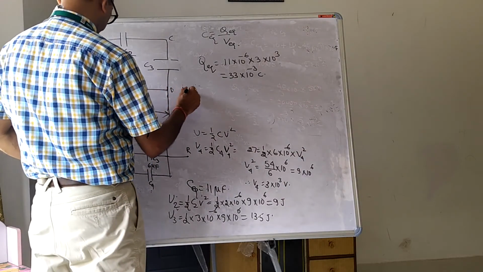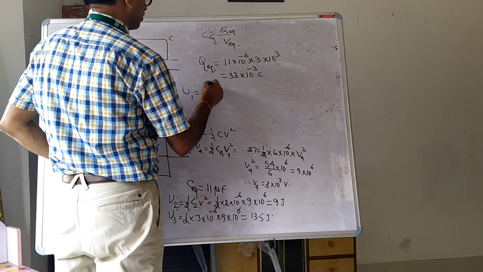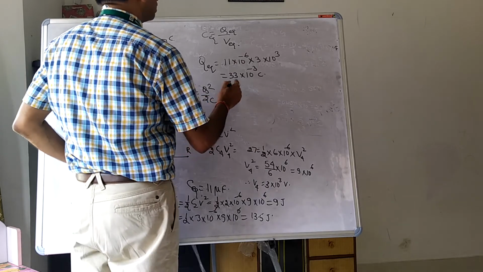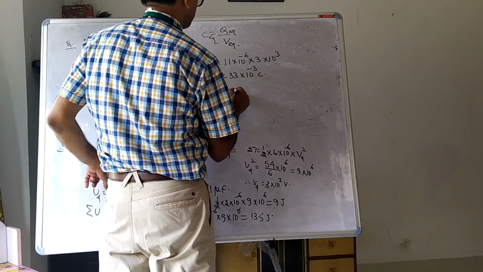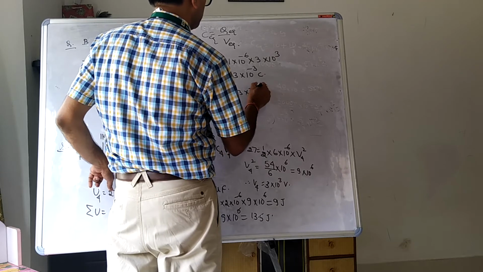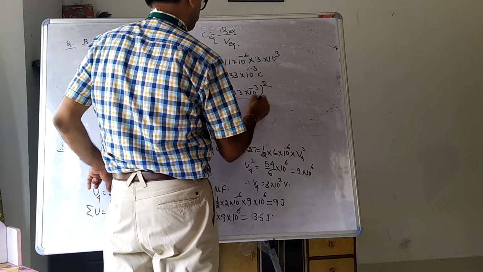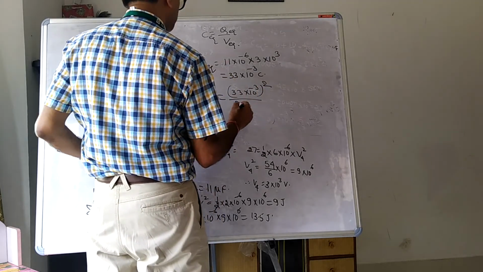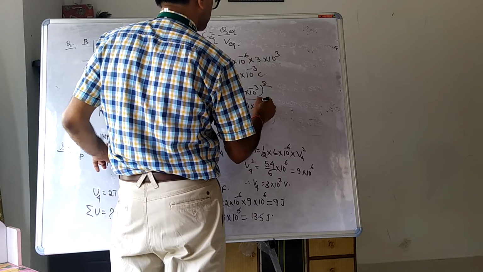So the energy of U1 will be Q square by 2C. So Q square will be 33 into 10 to the minus 3 whole square divided by 2 into C, 1 into 10 to the power minus 6.